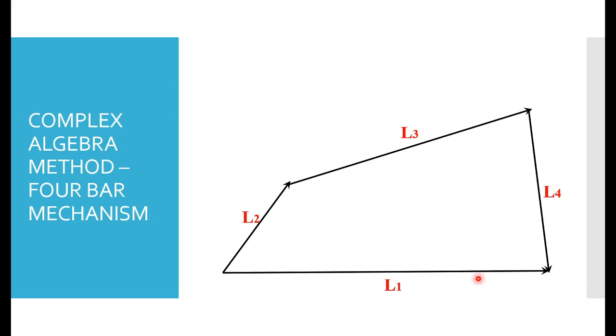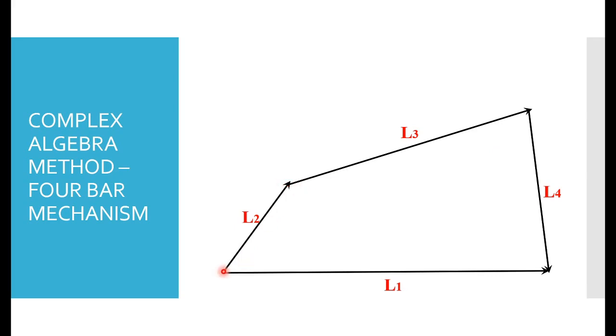Each link has an arrowhead at one end. If you simply draw a 4-bar mechanism, there will be no arrowheads, just 4 lines forming a closed loop. But here I draw arrows because we are representing each link as a vector.